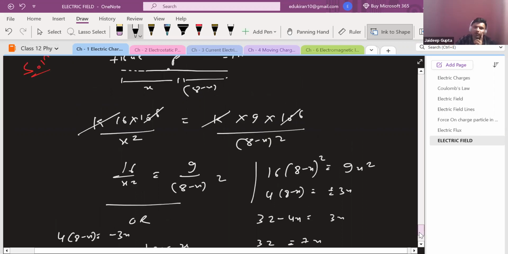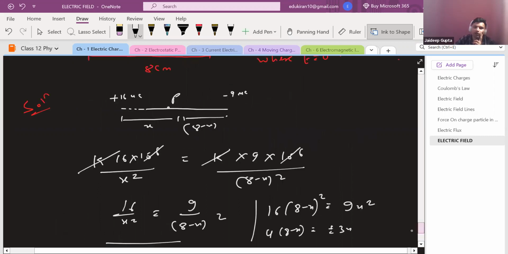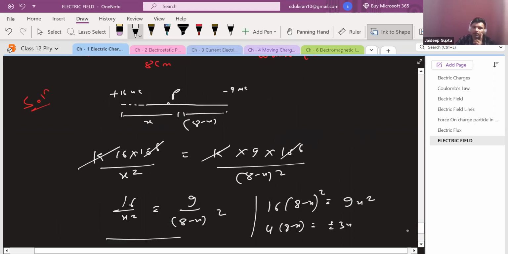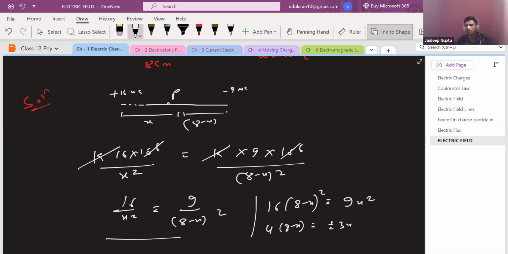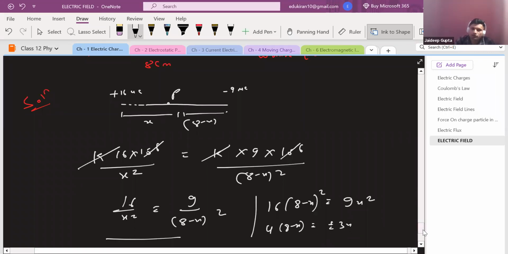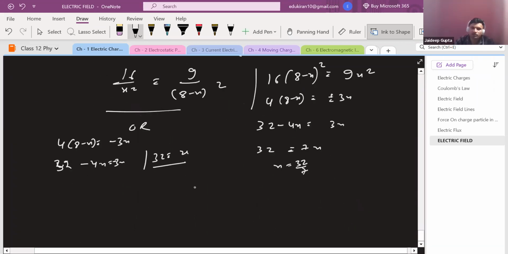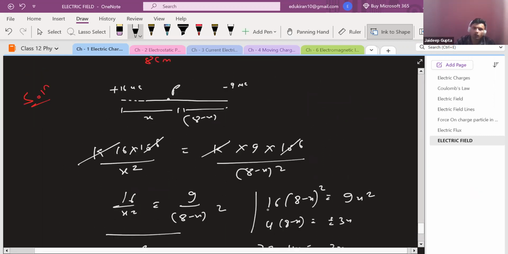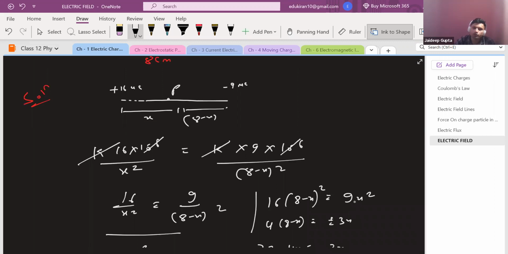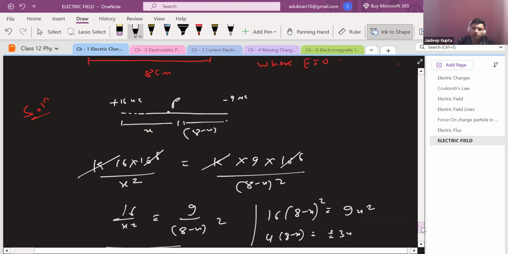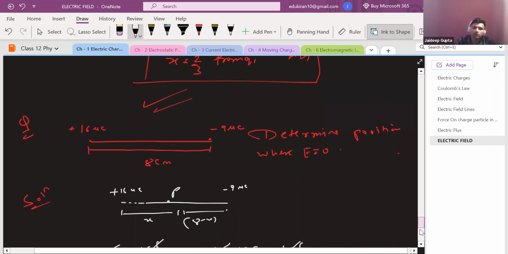You made a mistake somewhere. Just check your calculation. How is it possible? Did you do it the same way? Yeah, maybe some calculation mistake. Definitely, you made a mistake somewhere in the calculations. Let's go through it. Just show me the calculations, please, sir. 16, 8 minus x whole square equals. Scroll up, sir. No, scroll down.